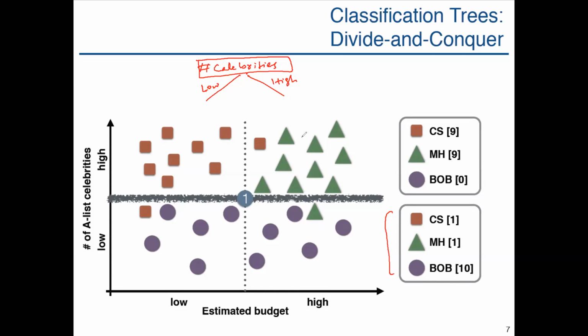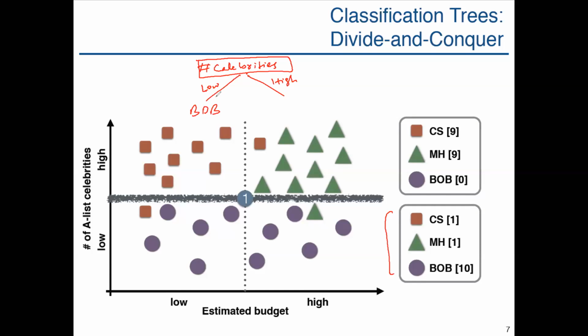All right. So we look at this data. Okay, we have 10 box office busts here. We have one critical success and we have one mainstream hit. So we can say that whenever we have a low number of celebrities, since the majority of the movies are box office busts here, we can choose to predict on the basis of this majority category, and we could say that this is going to be a box office bust in this case.